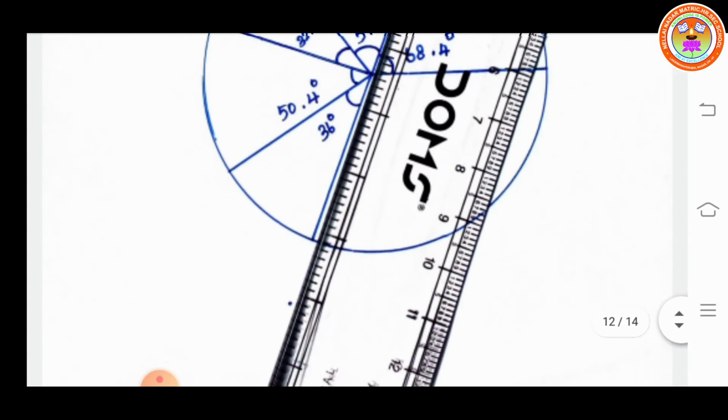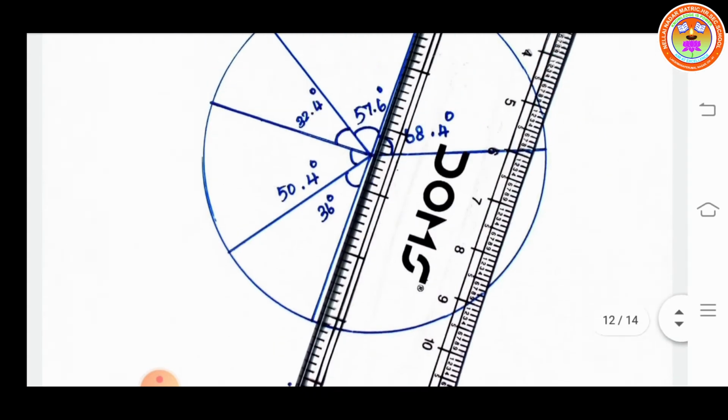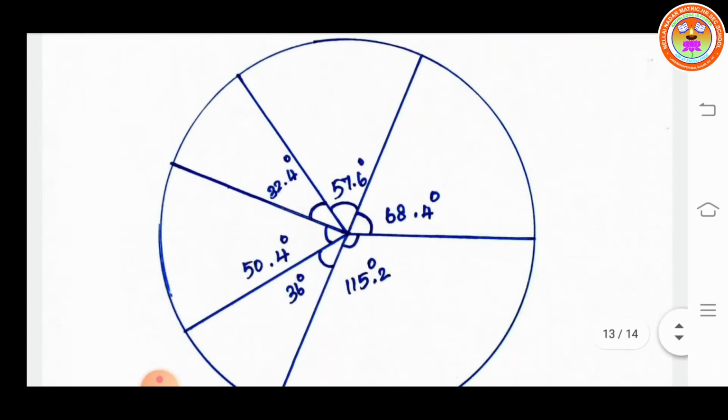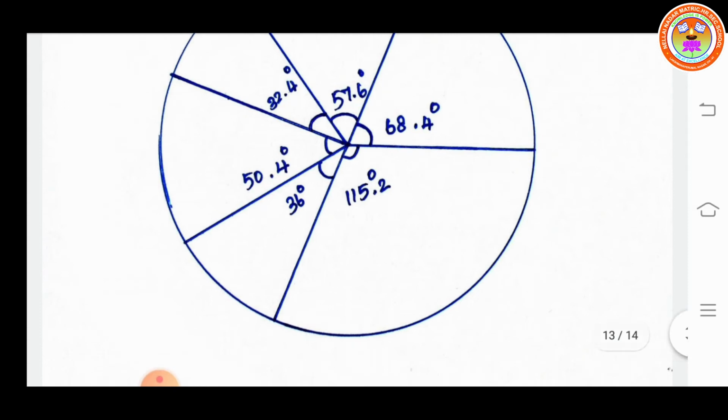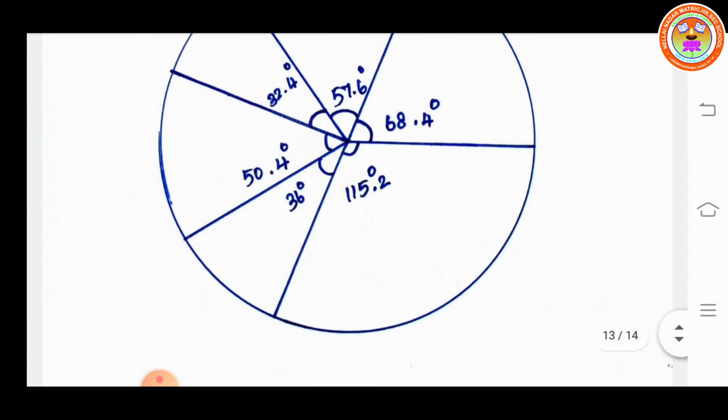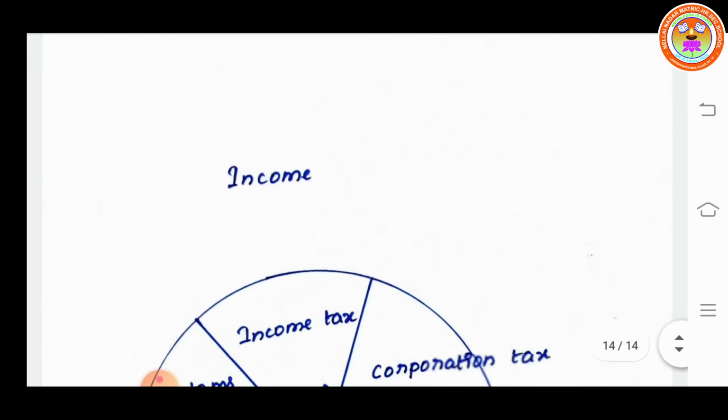Remove the protractor and join that point to the center of the circle by using the scale and mark the angle as 36 degree. And the remaining angle exactly will be equal to 115.2 degree.